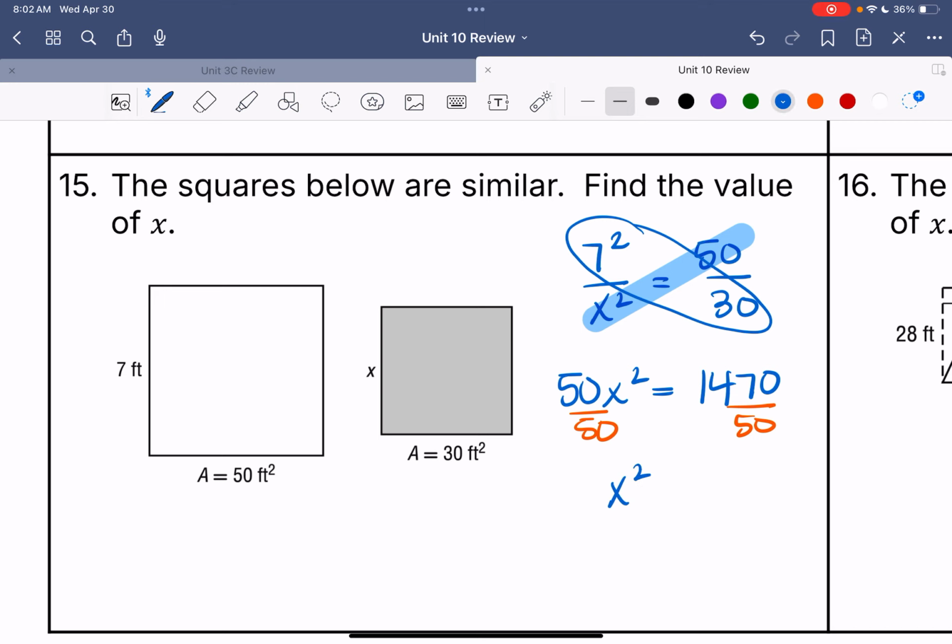So x squared equals, it's going to be a decimal, 29.4. And then we're going to square root. X equals 5.4. And that's just going to be feet.